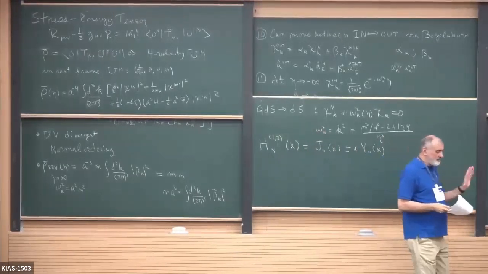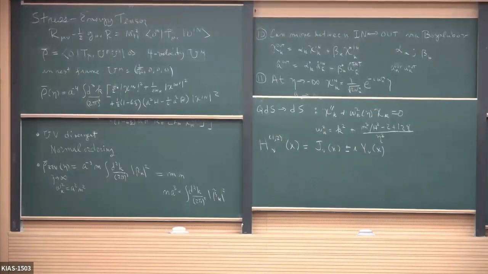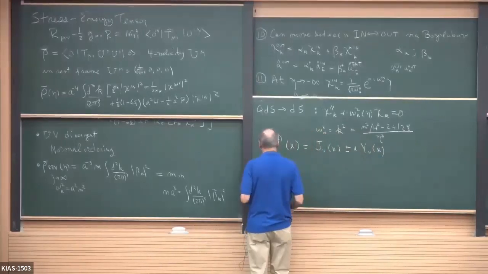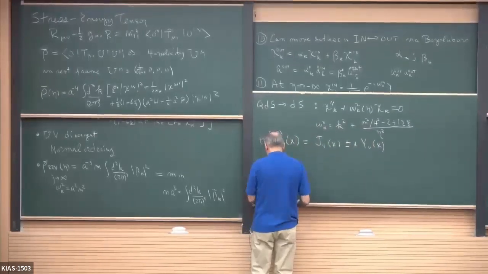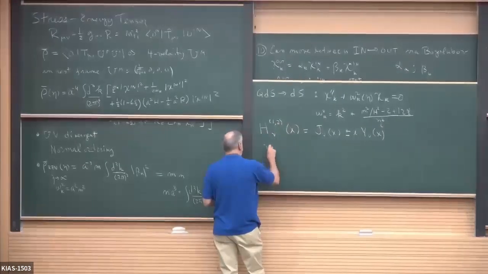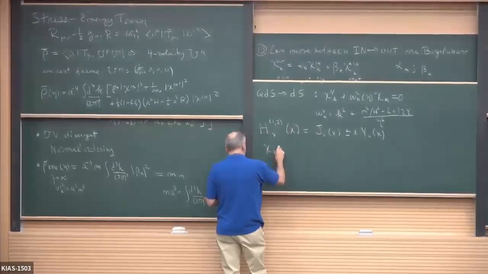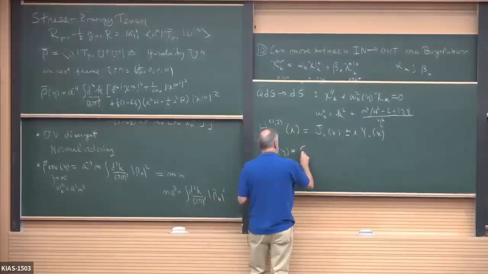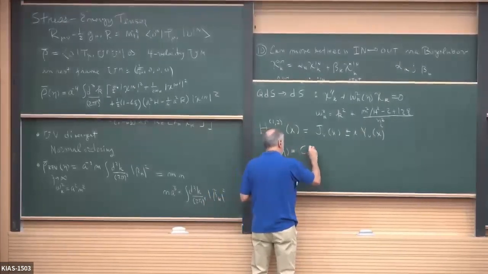So it's always going to be some combination of Bessel functions. So the solution to the wave equation in de Sitter space is in terms of the Hankel functions. It's a second-order equation, so there are two solutions.